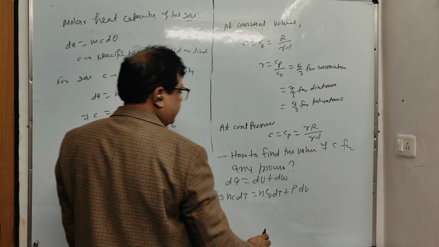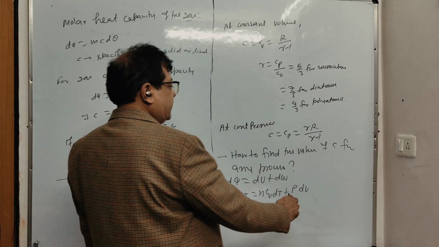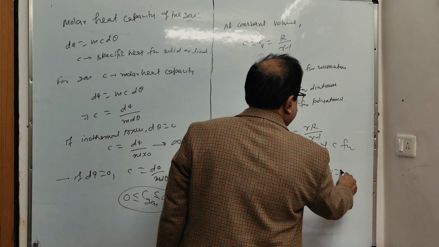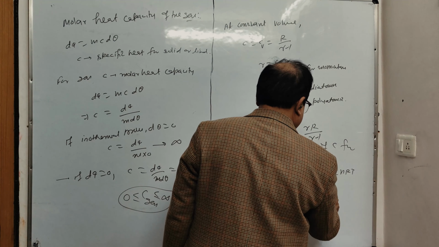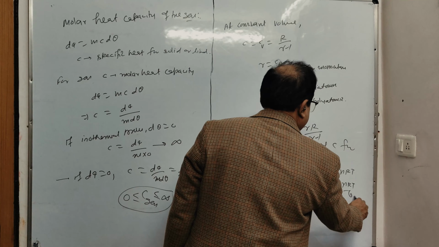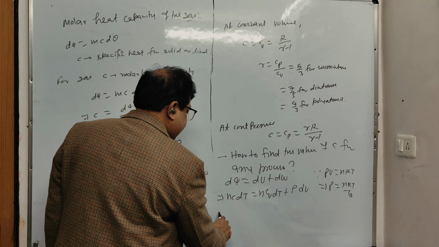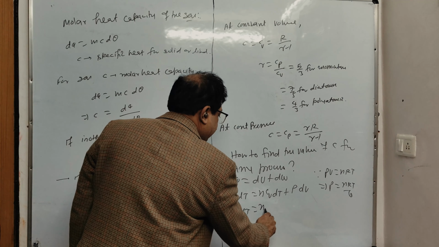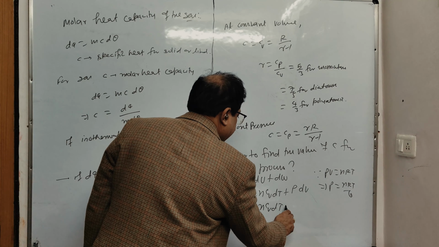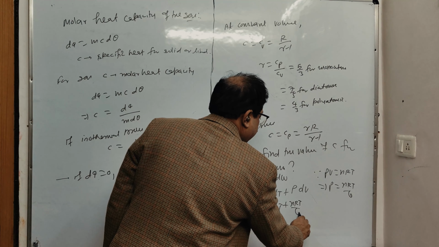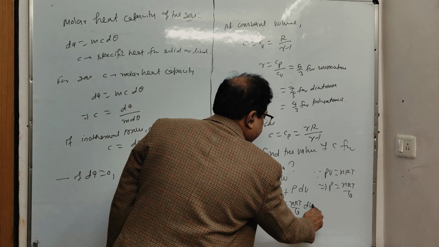Since PV is equal to nRT for an ideal gas, P is equal to nRT by V. So we can write n C dT is equal to n Cv dT plus nRT by V dV.